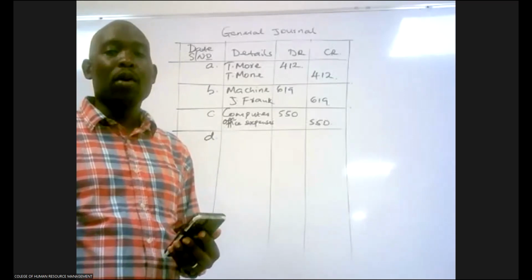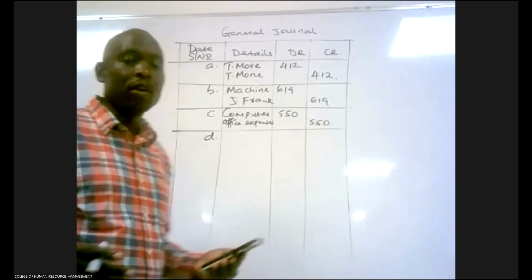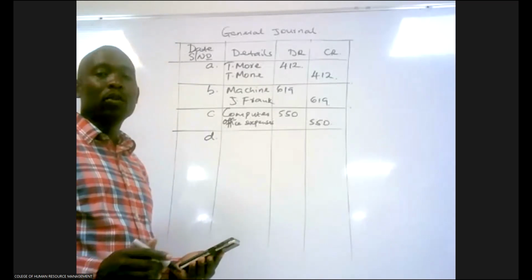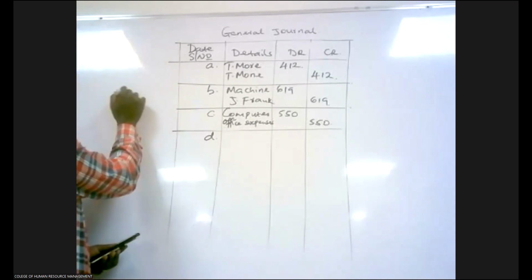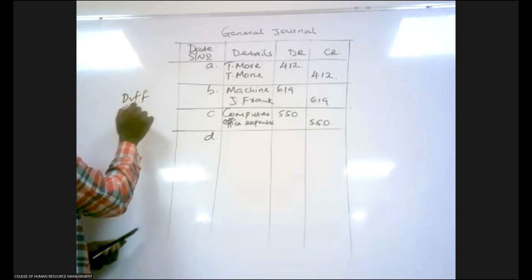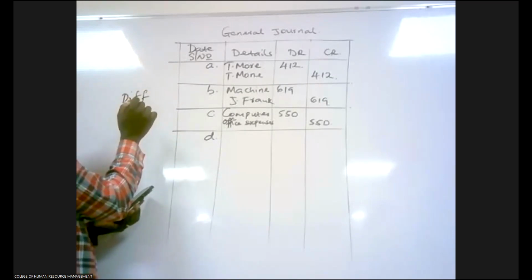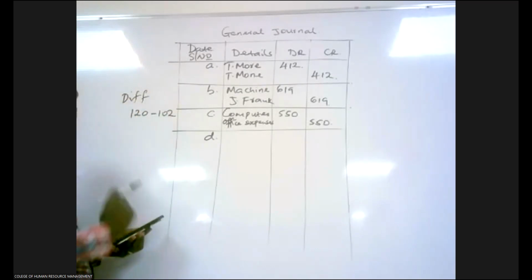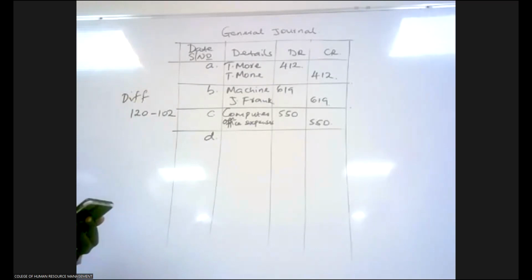So anytime you are given a question like this, whereby we are given the correct amount and the wrong amount that was used, first of all, get the difference. In this case, what is the difference between 120 and 102? 18.